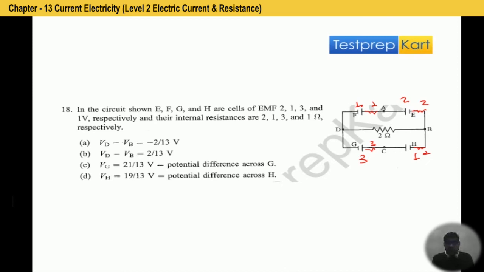Then we have to answer these questions. VD minus VB is 2 over 13 volt. VD minus VB means we want to measure the potential difference across it.